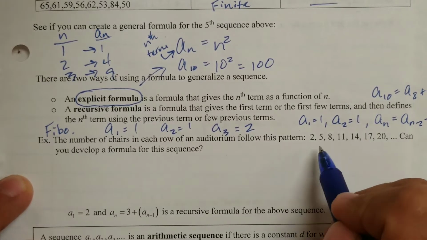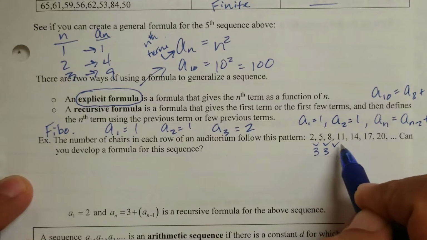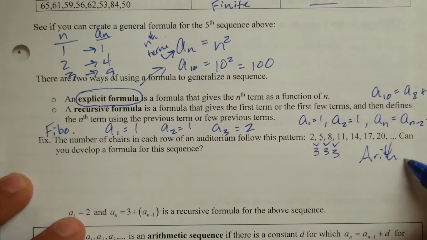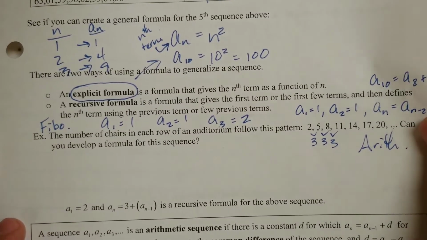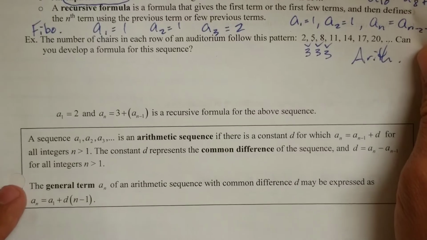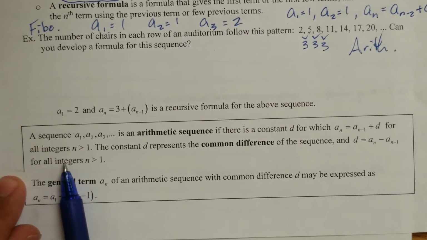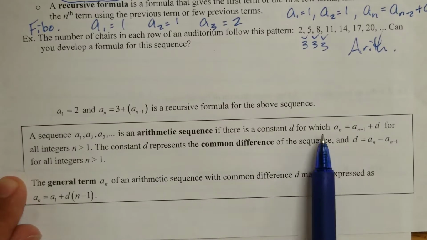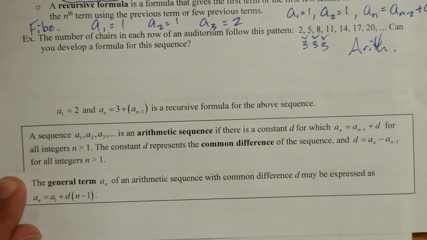But here you can see that you're adding 3 each time. So this is what we call arithmetic, like we talked about earlier. If you look down here, there's a definition for arithmetic. It says the sequence is arithmetic if there's a constant d for which a term is the previous term plus d each time.